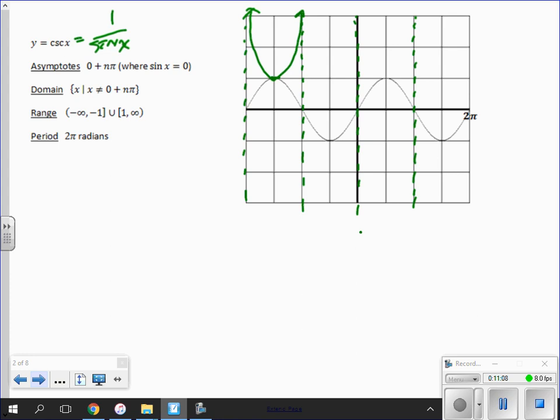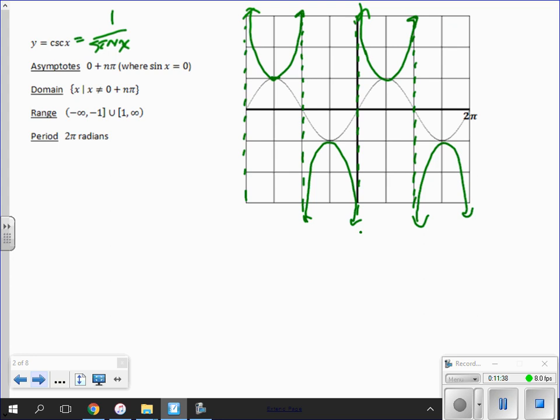And if I do it from this way, it goes up from the negative and goes down that way. It comes down, and it goes up, and it repeats itself over and over again, just like the sine does.